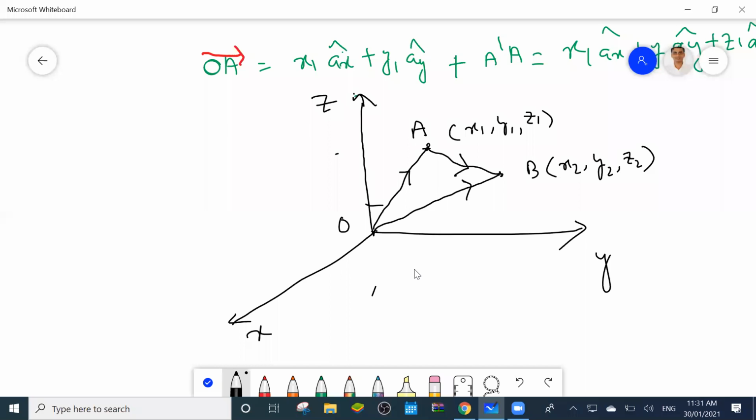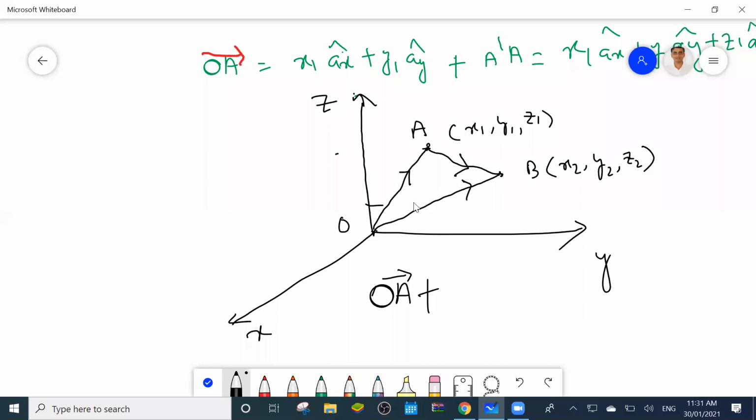Can you find this? Apply vector addition. Yes or no? What is AB? Yes, sir.